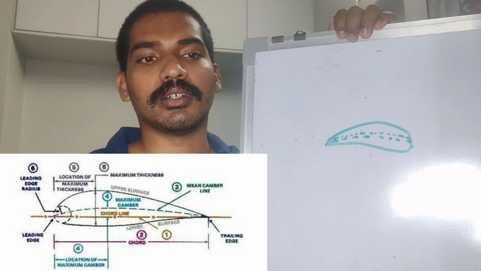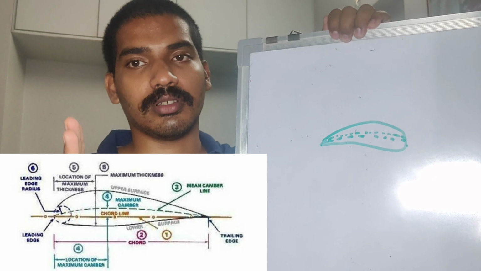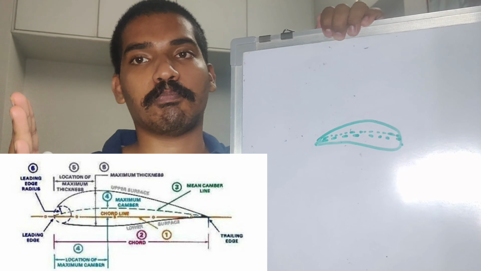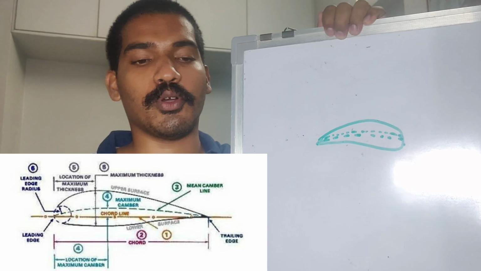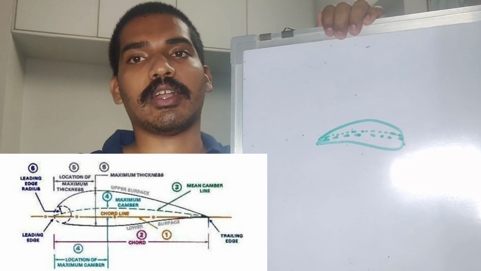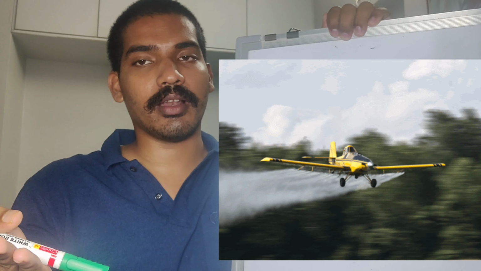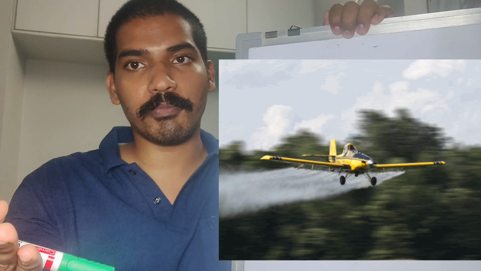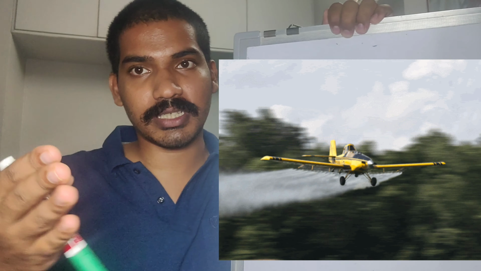The camber, it's a fundamental part of an aerofoil. All right, it will decide the purpose of that particular aerofoil. Now, for example, a high cambered thick aerofoil will be mostly in, for example, a crop duster. Have you seen a crop duster? It flies slow, needs high lift.